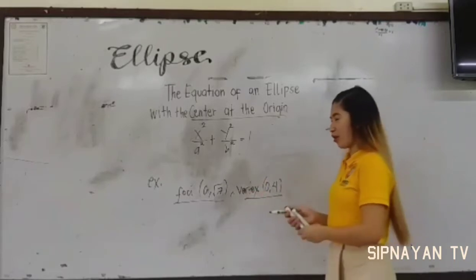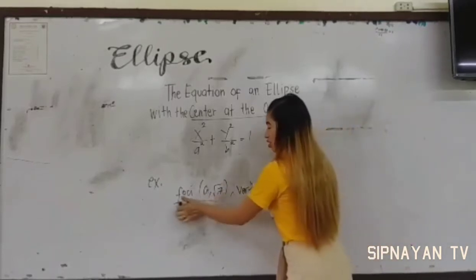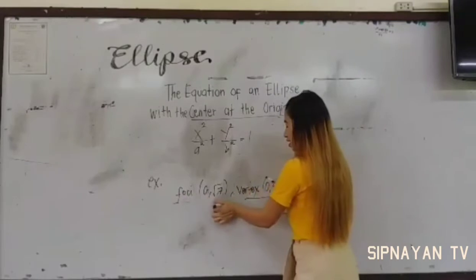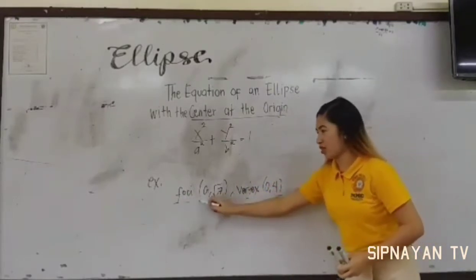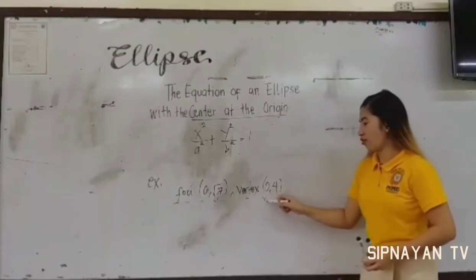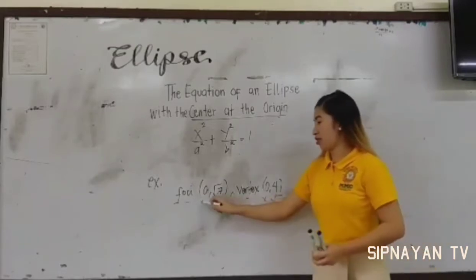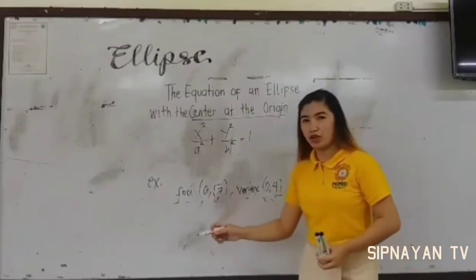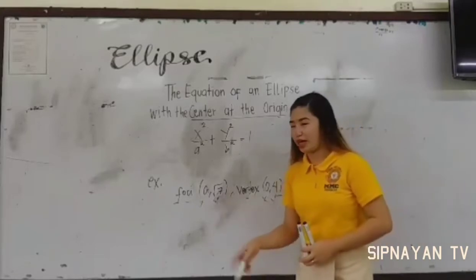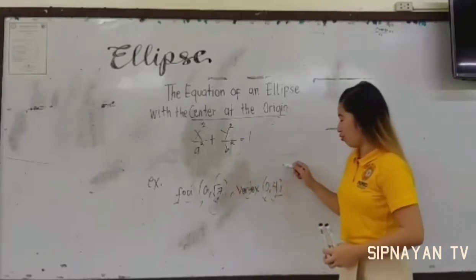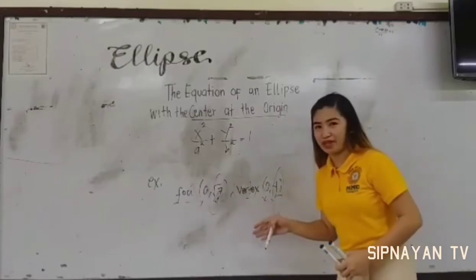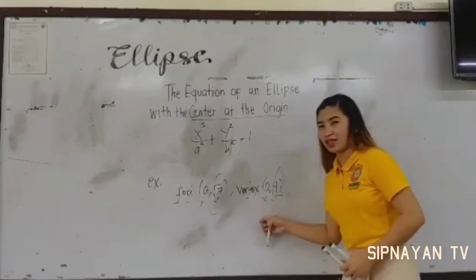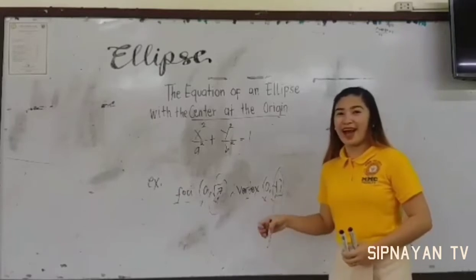So bakit parallel to the y-axis? Because the ordered pair is x and y, right? X and 1. Then napansin nyo yung may given value lang is yung y. Therefore, these two given foci and vertex are parallel to the y-axis.